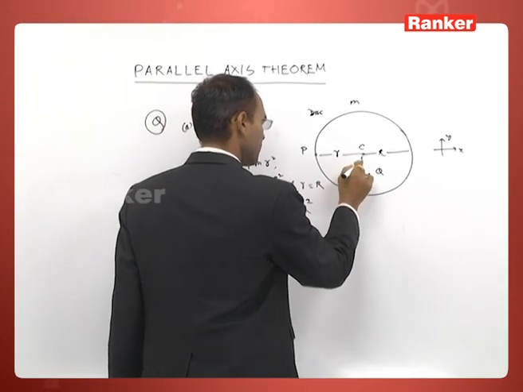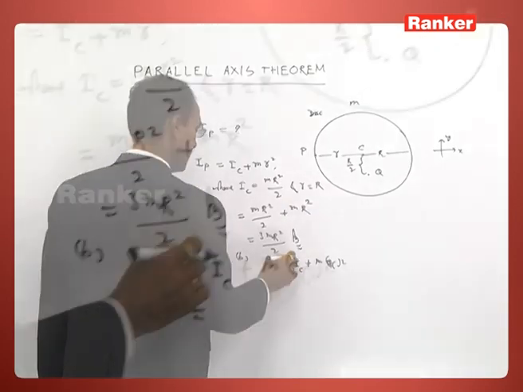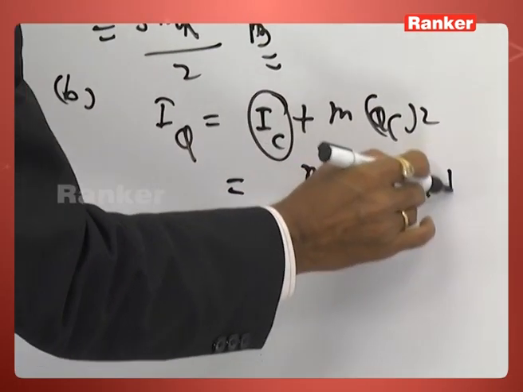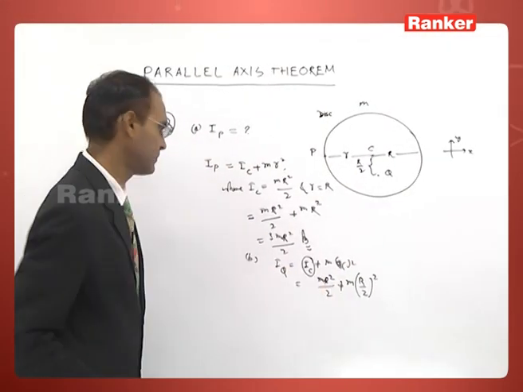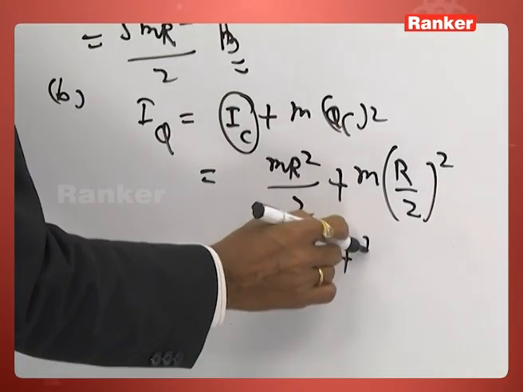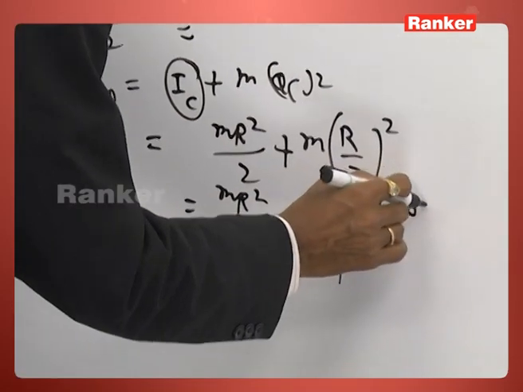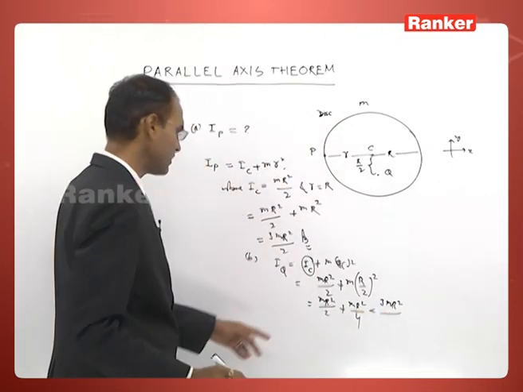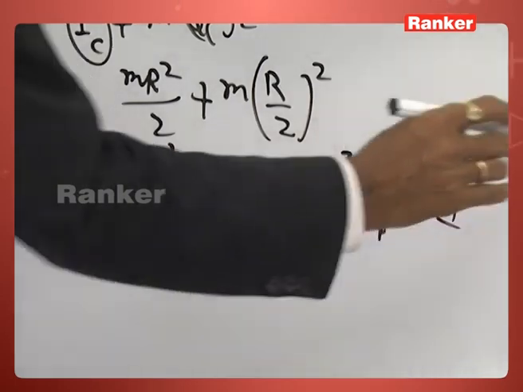If the distance is given as r by 2, say, then substitute IC as mr square by 2 and QC as r by 2. So mr square by 2 plus mr square by 4, that is 3 mr square by 4. Answer.